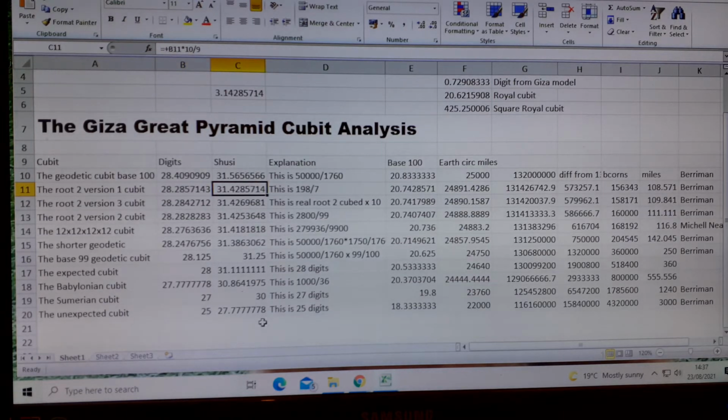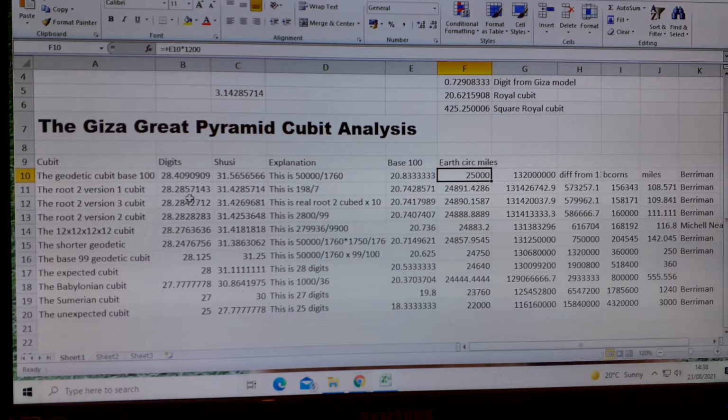It's just stunning. You multiply that by 10 over 9 and you get 10 pi as 22 over 7. I nearly fell off my chair when I saw that. And we get this for the Earth's circumference, 24891.4286, produced by that version of pi, when we know we're also getting that one with the same version of pi. So that is really quite something.